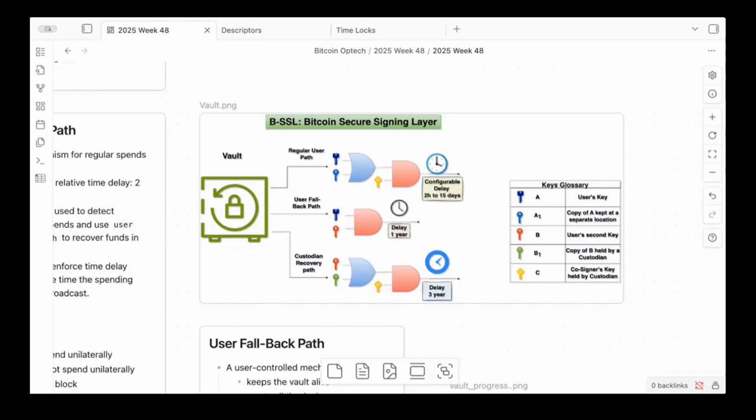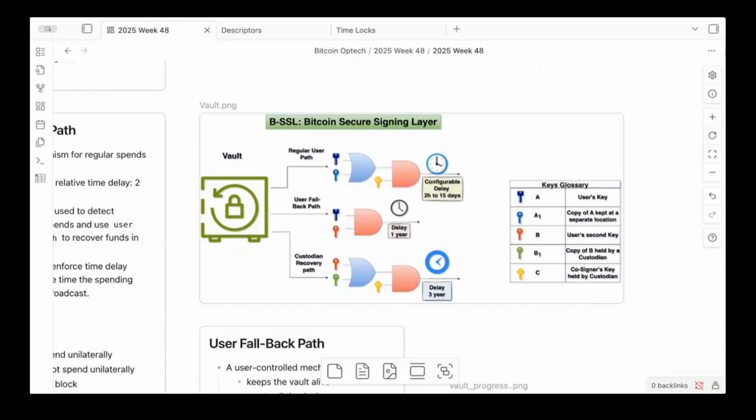And in the regular path also, if the custodian colludes with an attacker, there is no way for the user to prevent this transaction from being broadcast or mined, because he can only use his two keys after 1 year.